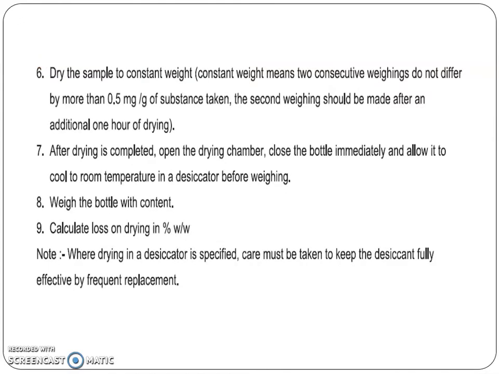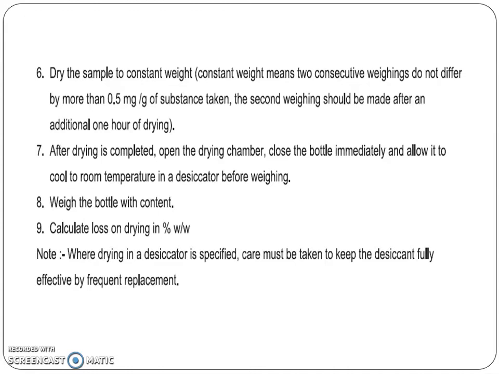Now, dry the sample to constant weight. Constant weight means two consecutive weighings do not differ by more than 0.5 mg per gram of substance taken. The second weighing should be made after an additional 1 hour of drying. After drying is completed, open the drying chamber, close the bottle immediately and allow it to cool to room temperature in a desiccator before weighing.